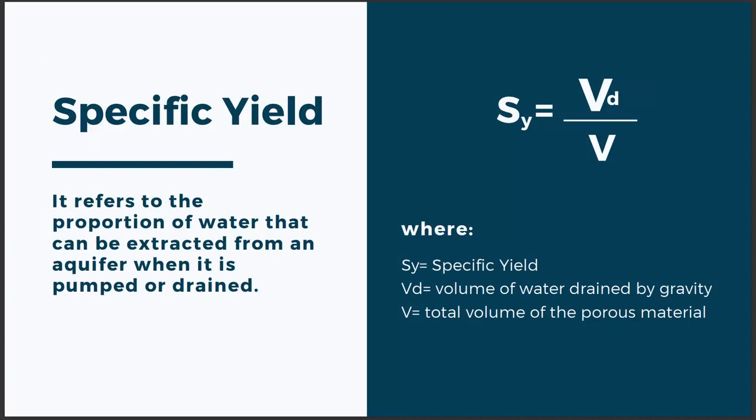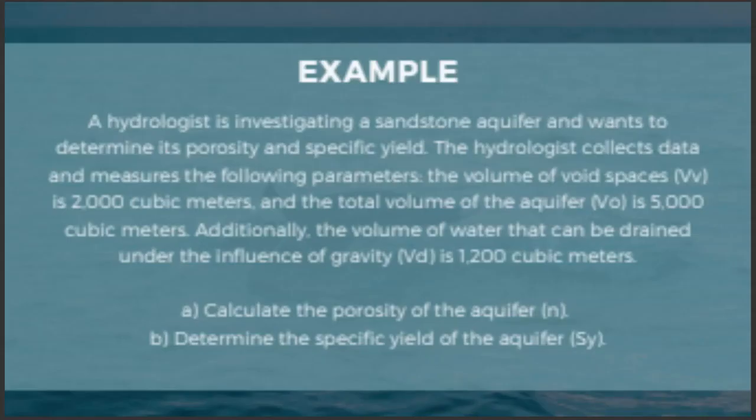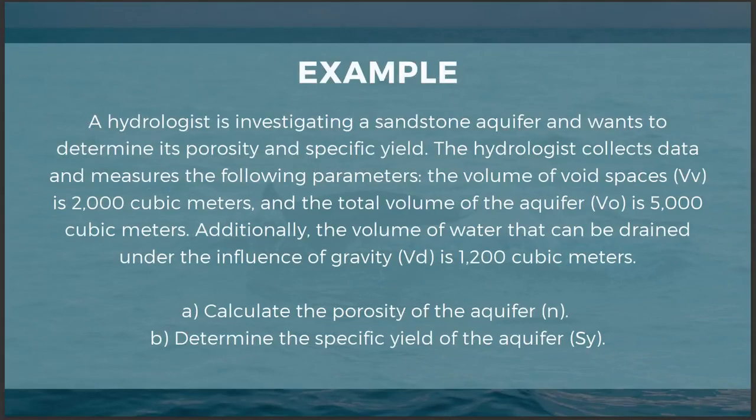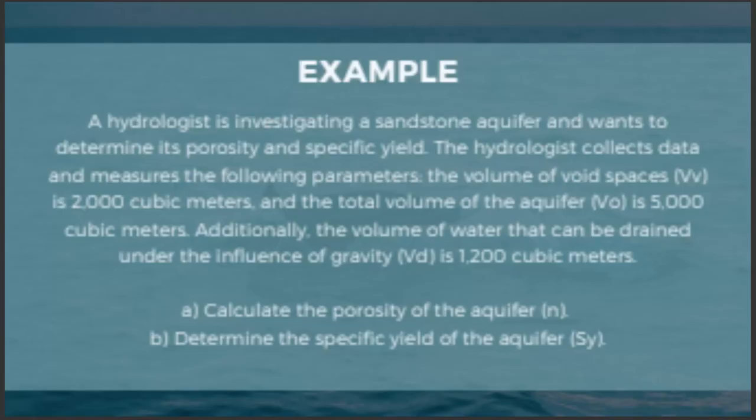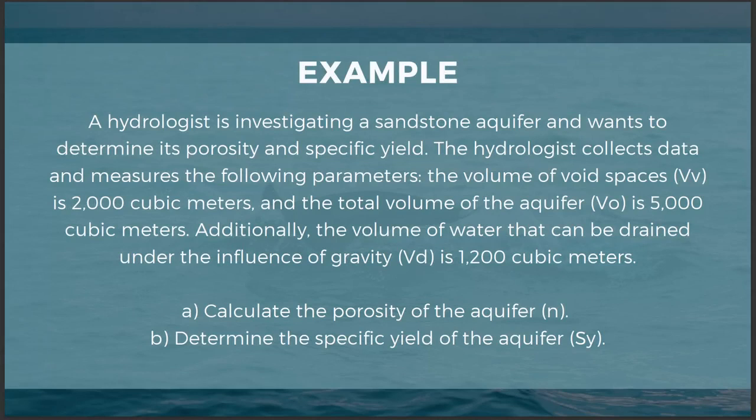So SY, ang formula niya is volume displaced or drained by gravity over the total volume. So that is 1,200, no, that's VD over VO, 5,000. So 1,200 divided by 5,000, how much is that? 0.24.